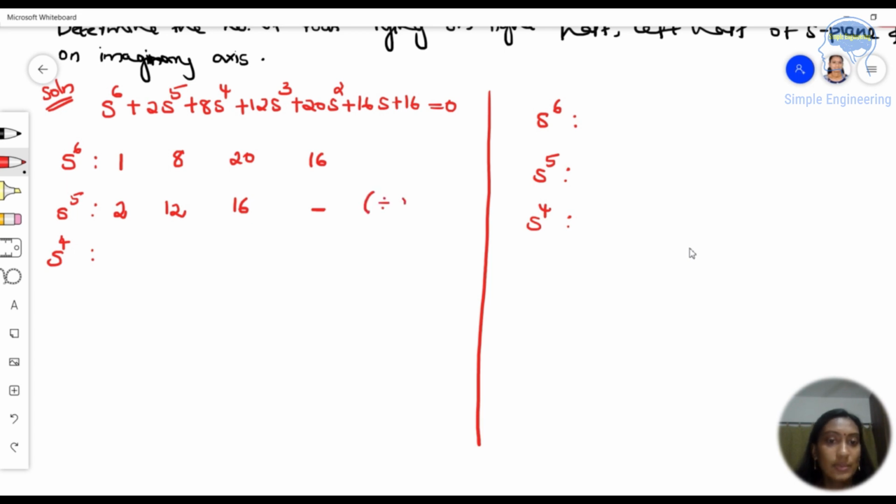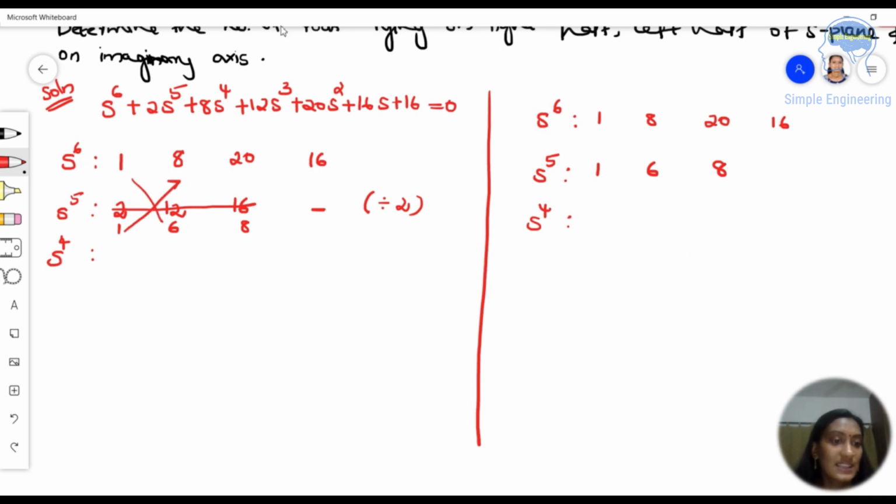If you divide this by 2, you will get 1, 6 and 8. So your final things we can write over here, because here we are calculating with 1, 8, 20 and 16. Here it is 1, 6 and 8.